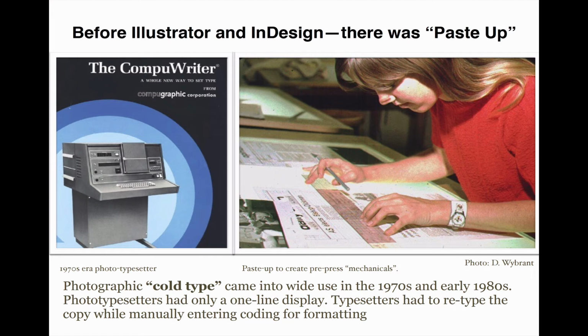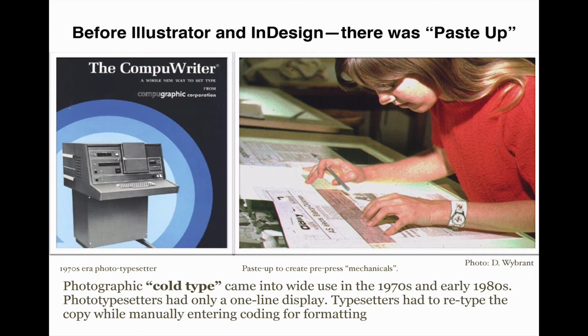So you'll notice that we have a keyboard here, and up here, this panel is where the typed copy would go that a typist had typed out, and the typesetter would have to retype it. This is something we can't even imagine having to do today. Imagine a book of several hundred pages that had been typed once. It would have to be typed all over again to be typeset.